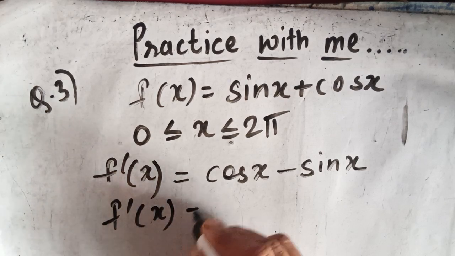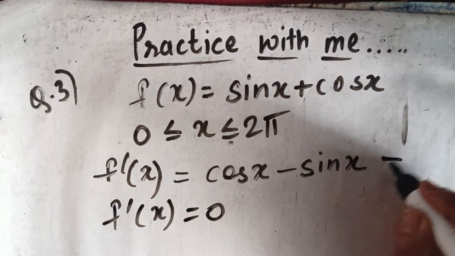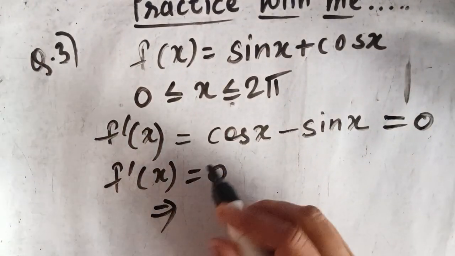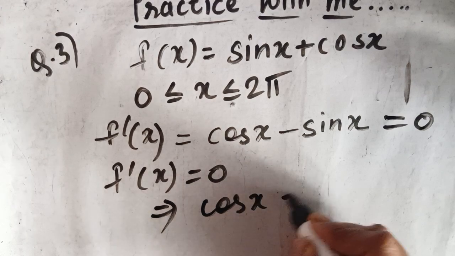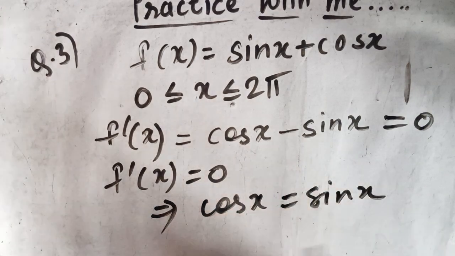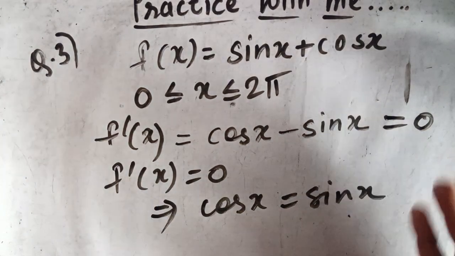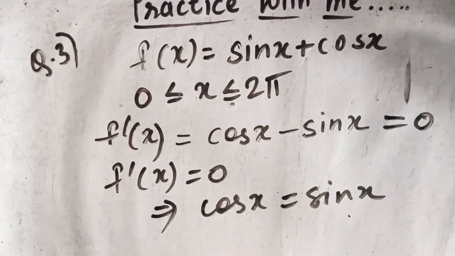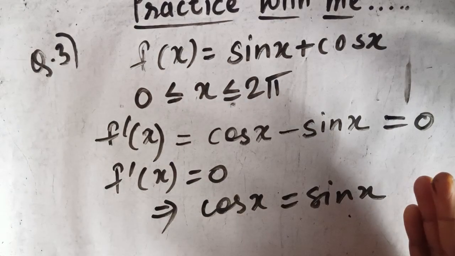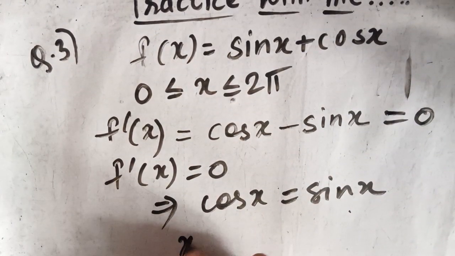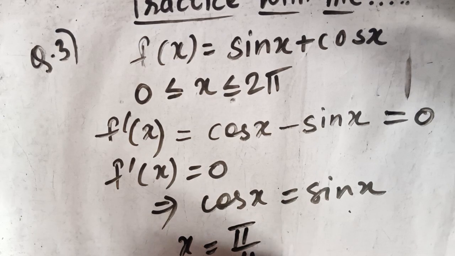Putting f dash of x equal to 0, you will get cos of x equal to sine of x. This happens at 45 degrees: sine of 45 is 1 upon root 2, cos of 45 is 1 upon root 2, that is pi by 4.